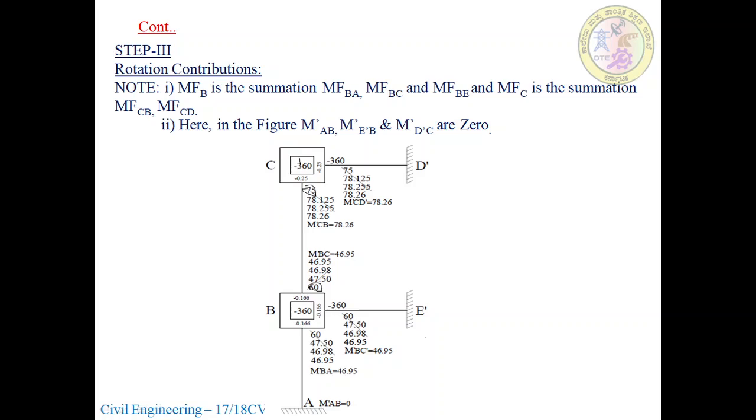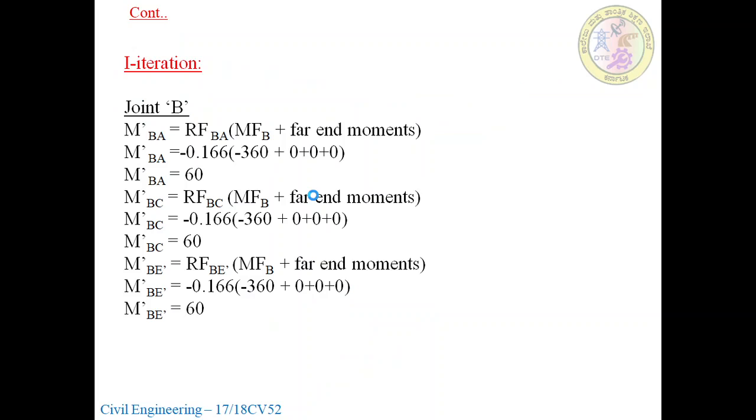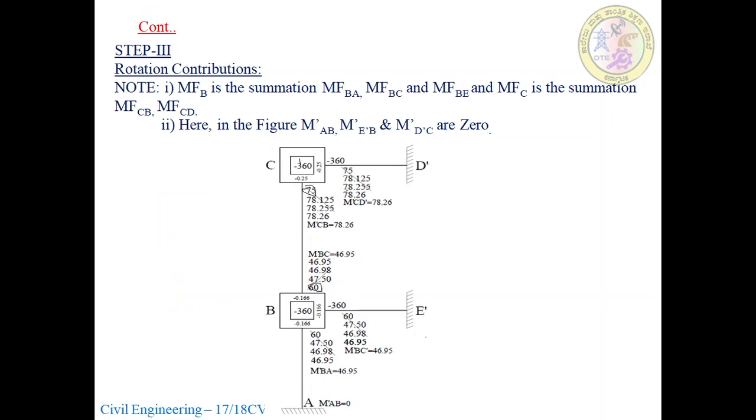You can start from B, otherwise you can start from C. Initially it will be 0, so you will get this value. Here there are three far end values for joint B: E dash B, CB and AB.